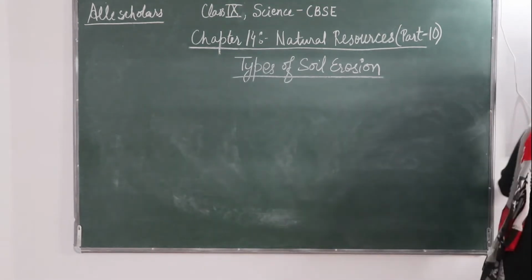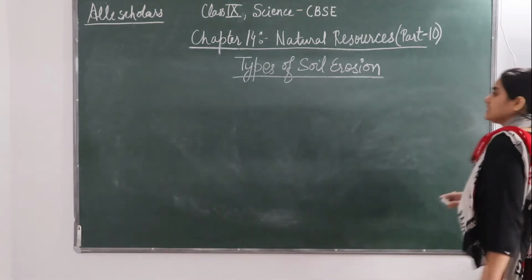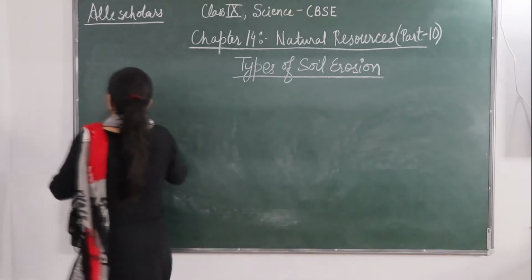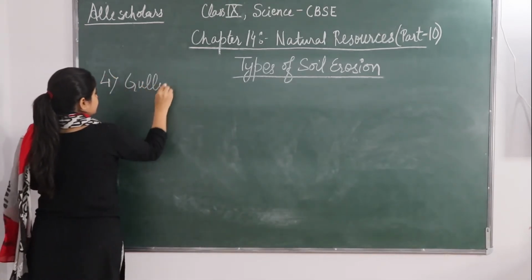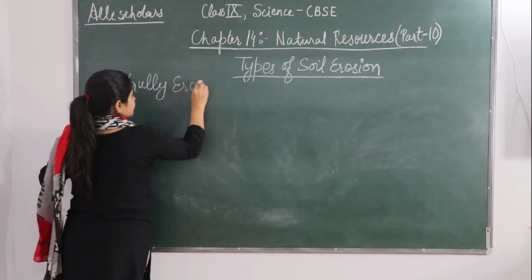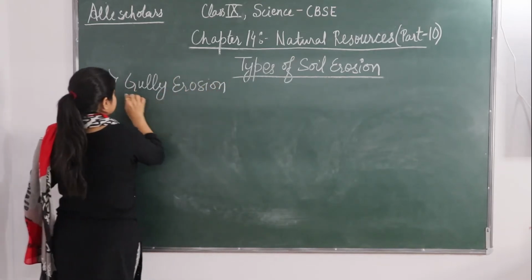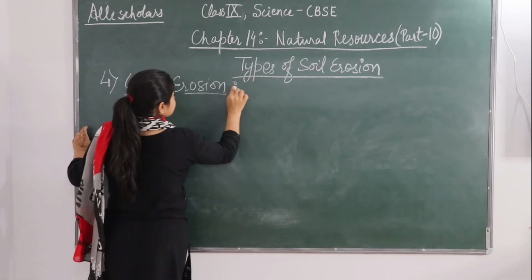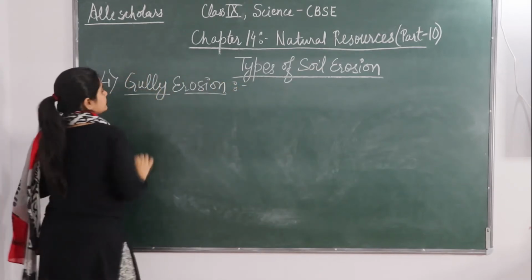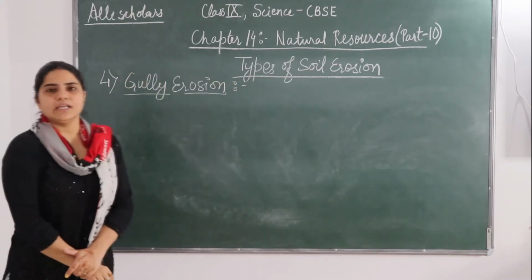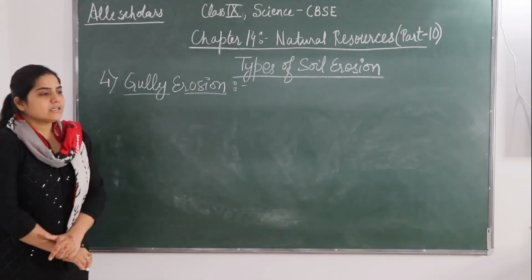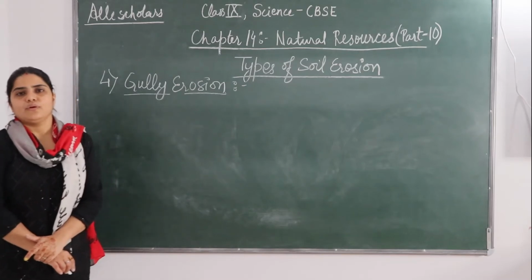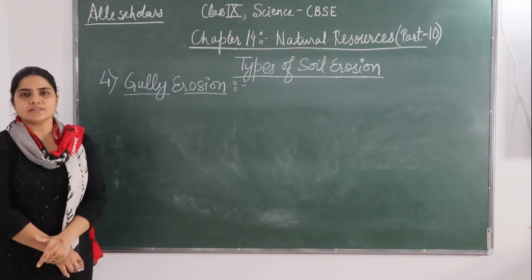Okay, so the fourth type of erosion is gully erosion. Gully erosion occurs due to runoff of surface water.